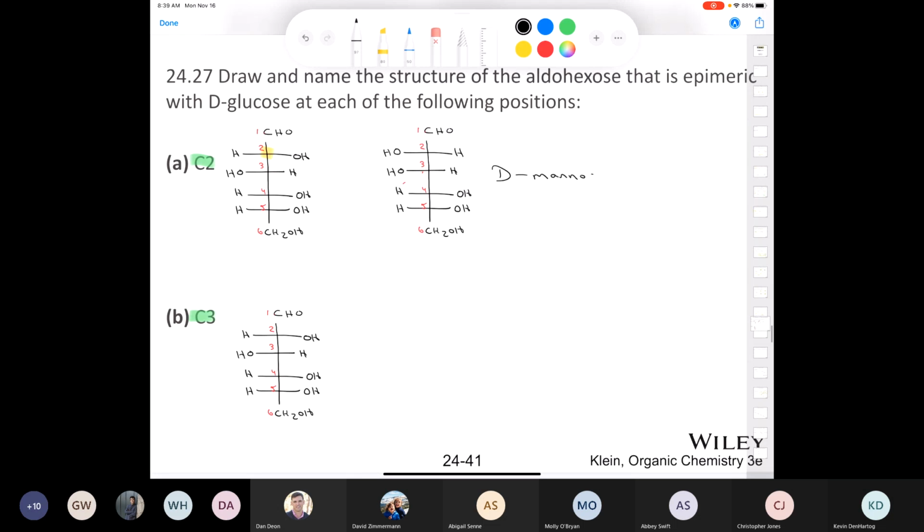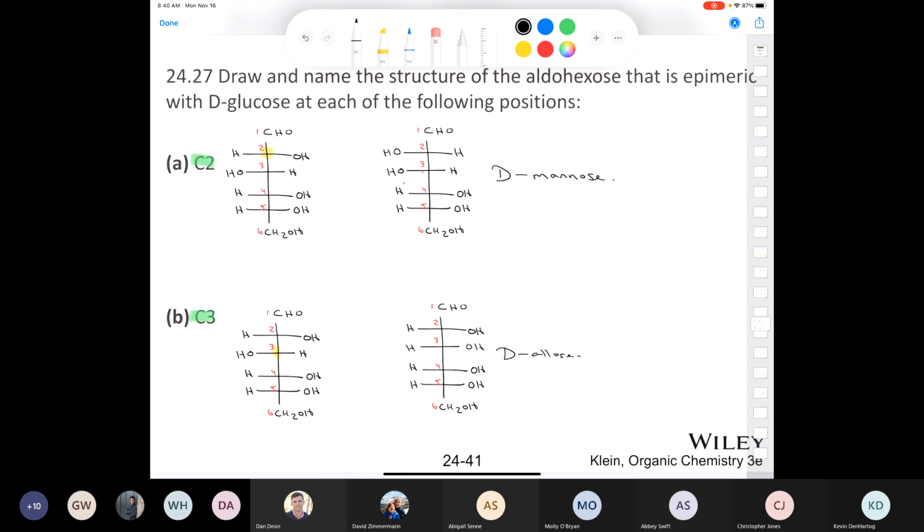Okay, so from now on, I'm not going to refer back to that handout of the family of aldoses and ketoses. So now we're going to take this guy and paste it again. Okay, and then we're going to epimerize at carbon 3. So we're going to swap carbon 3. So we'll erase this, we'll erase that. And when we epimerize at carbon 3, we end up with this, where all the hydroxyls are on the right-hand side. And this is D-allose.